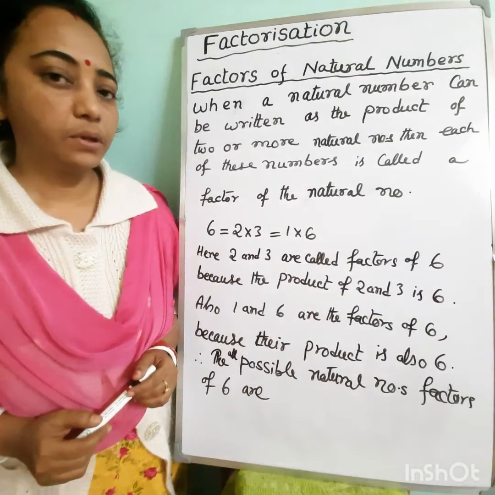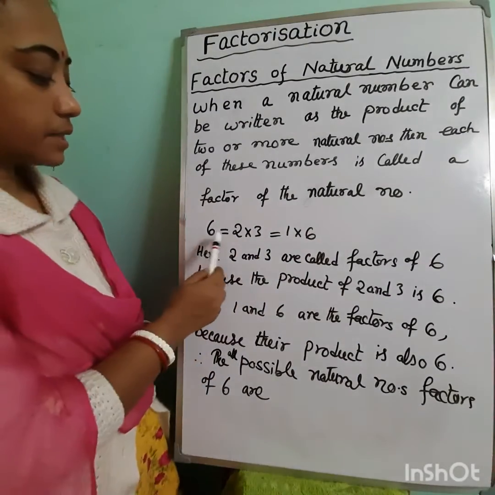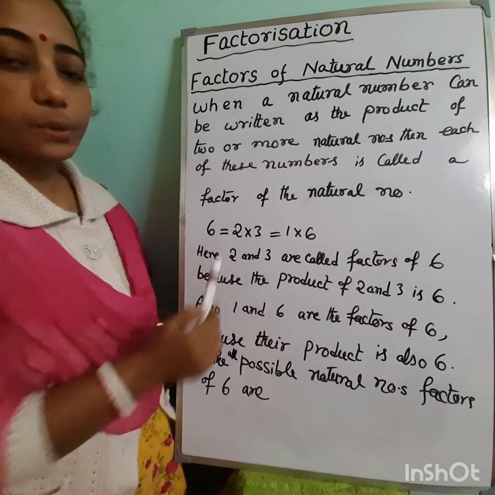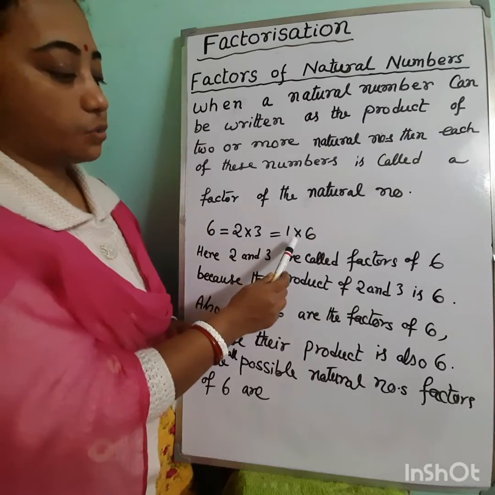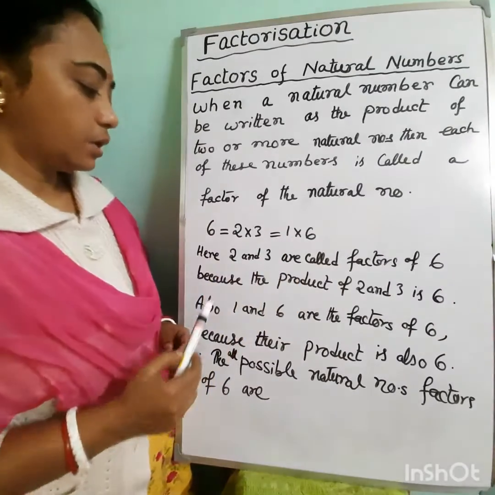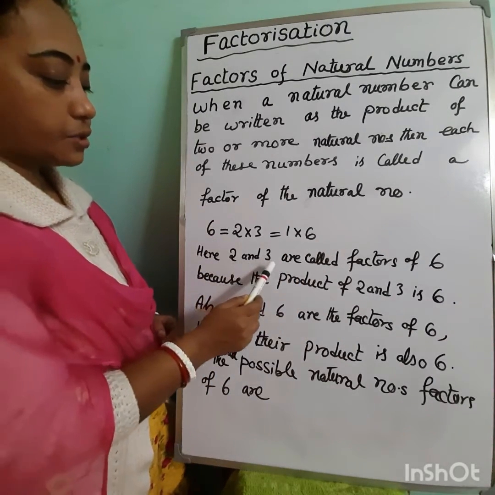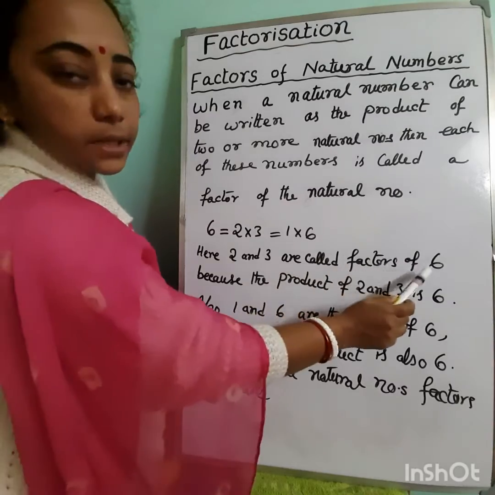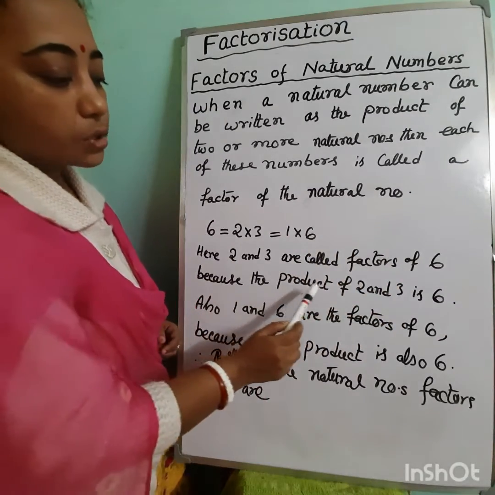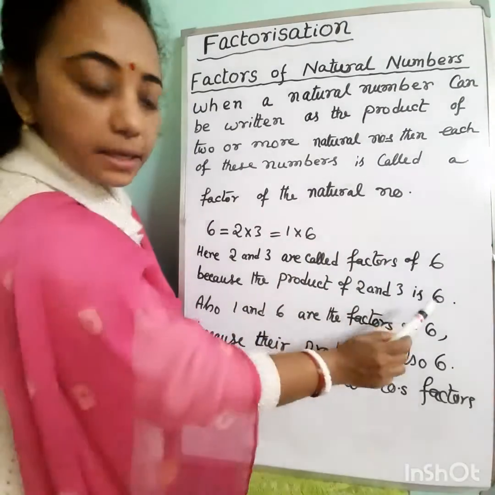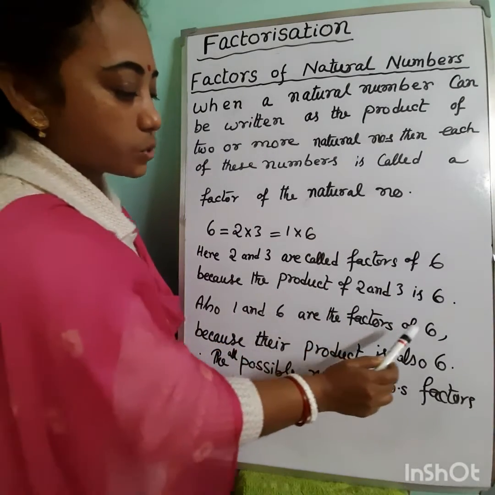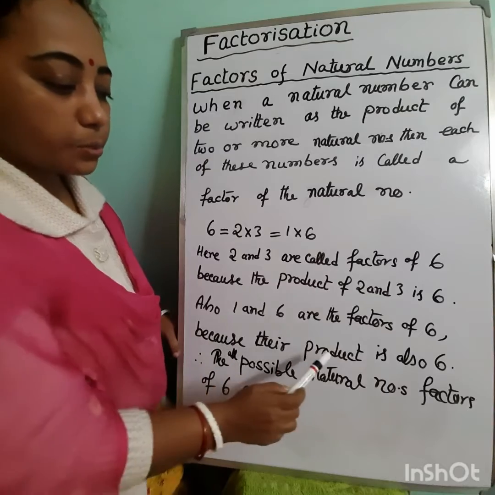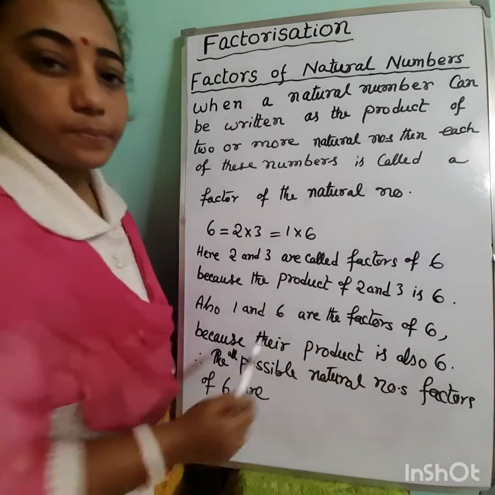For example, we can write 6 as 2 multiplied by 3 because 2 threes are 6, and also we can write 6 as 1 multiplied by 6. So here 2 and 3 are called factors of 6 because the product of 2 and 3 is 6. Also 1 and 6 are the factors of 6 because their product is also 6.